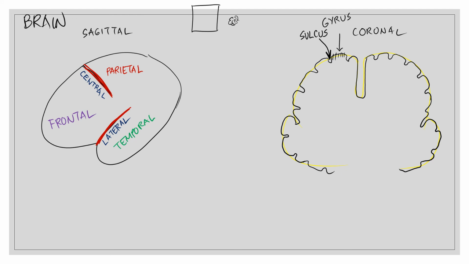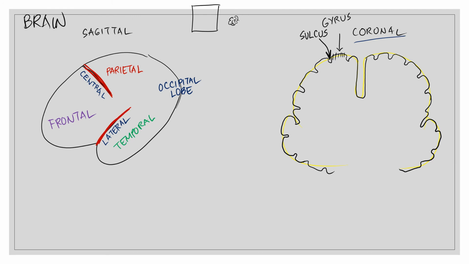And then at the very back is your occipital lobe. So each cerebral hemisphere has 4 lobes. Although there are some who would say that there are smaller lobes inside. But anyway, for the sake of discussion, let's just deal with these 4 major lobes. So, let's now go to your coronal section.